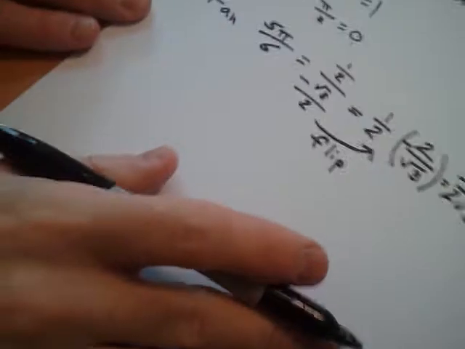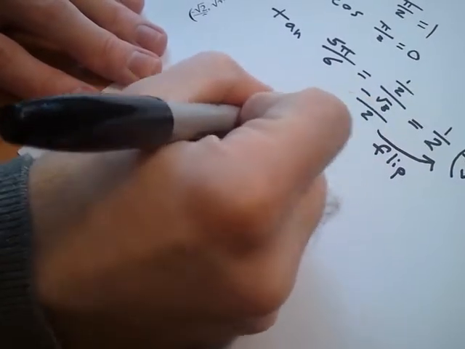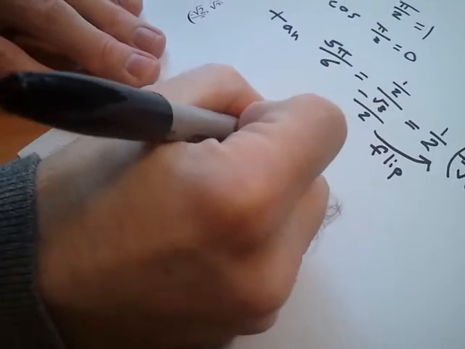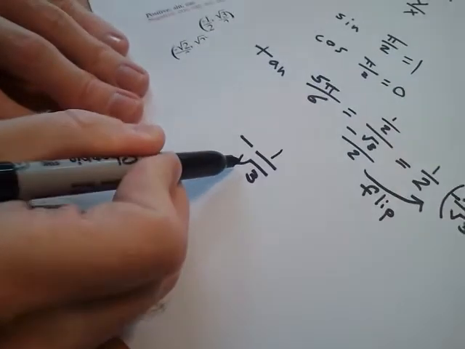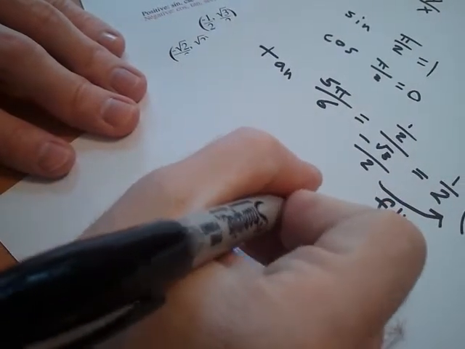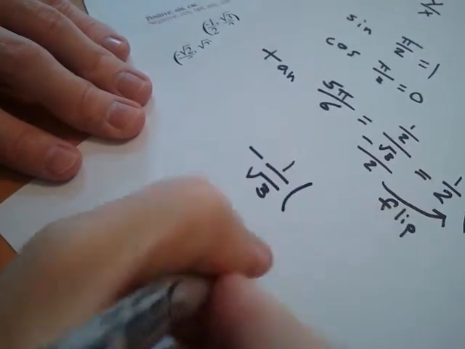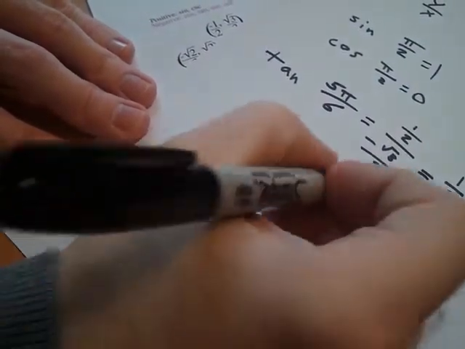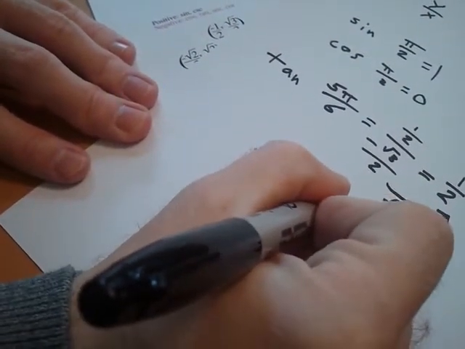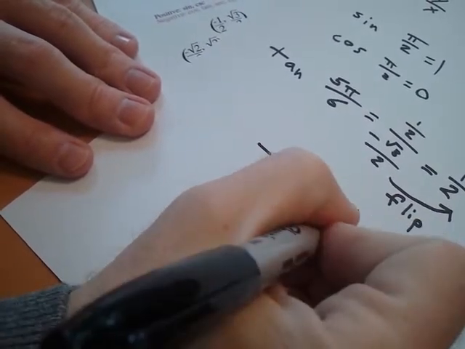I'm going to move that negative 1 over square root of 3 down here, because we've got to clean it up. We cannot leave a radical on the bottom. We've got this square root symbol here, and that radical will not stay. We just can't leave it in that form. So in order to get it to something that we can use, we're going to multiply by square root of 3 over the square root of 3.